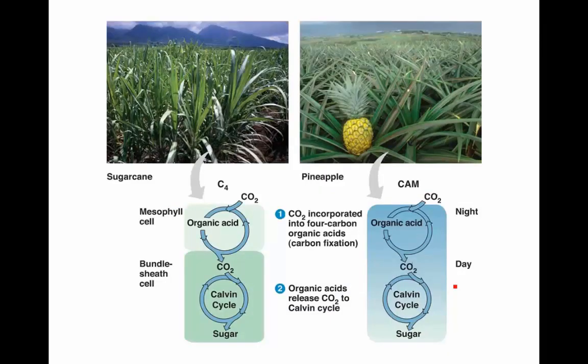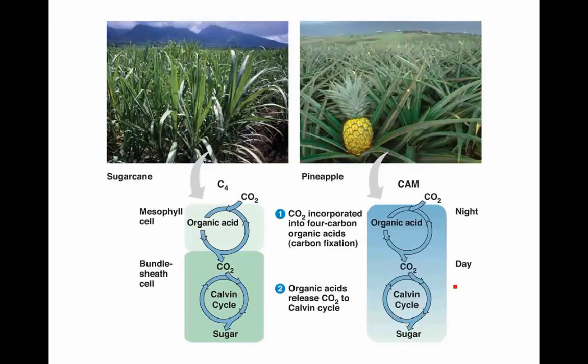If we compare this to the C4 plants, we have what we typically call a spatial separation of carbon dioxide collection and utilization in the Calvin cycle. So we collected it in one location, we use it in another. In the case of the CAM plants, we collect it at night and we use it during the day, but all of that is taking place inside the same cell.